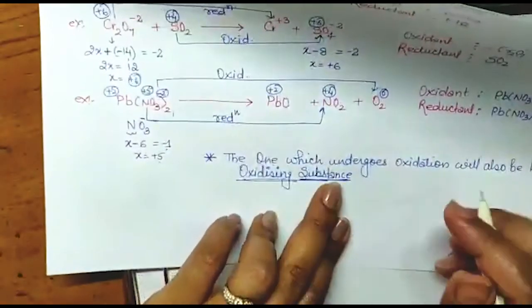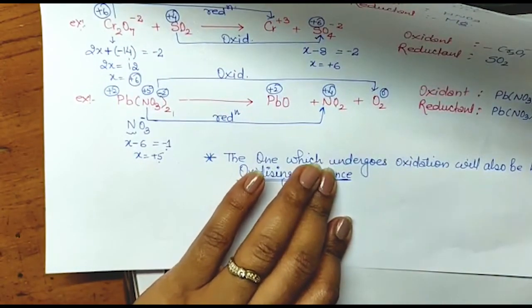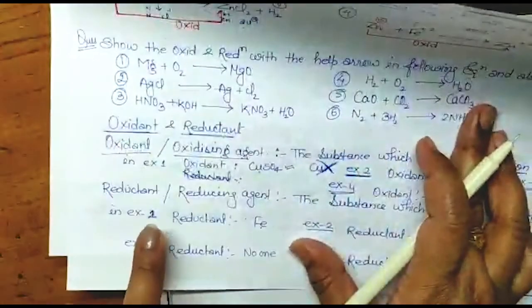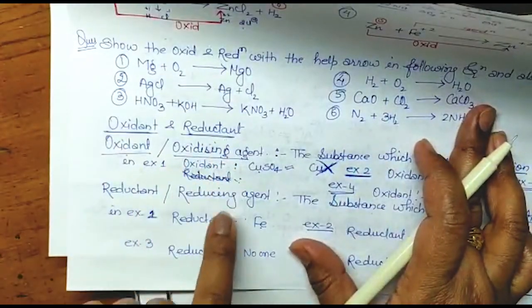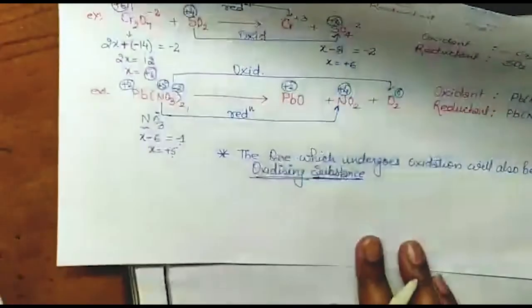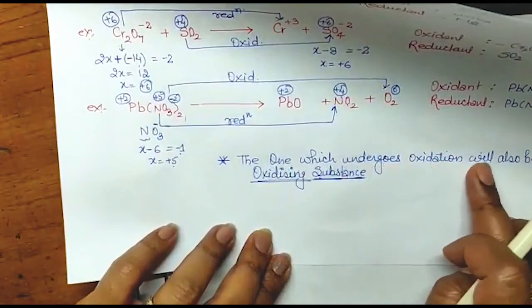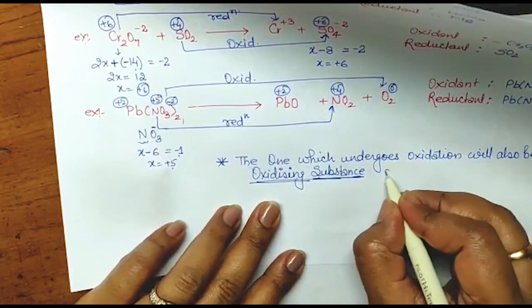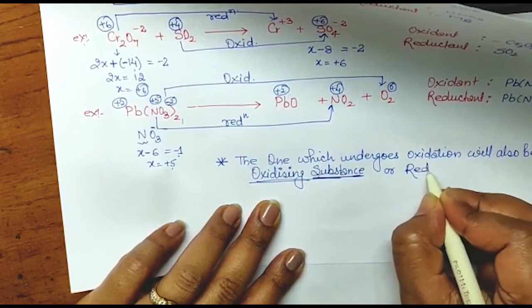And the one which is undergoing oxidation is also known as the reductant. And I have explained that the reductant is also known as the reducing agent. So you can write here: the one which undergoes oxidation will also be known as the oxidizing substance or reducing agent.